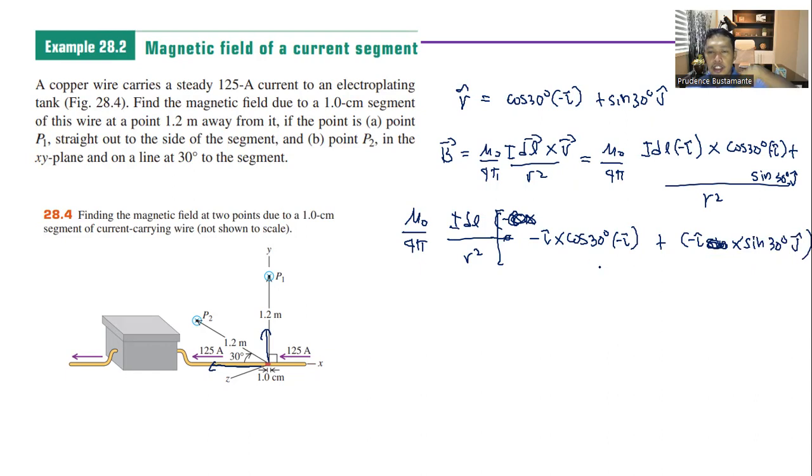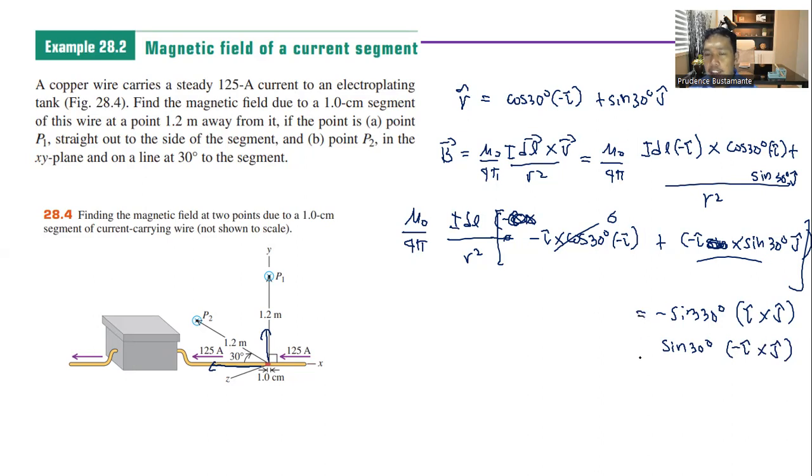So this one becomes 0, and this one here is just negative sine 30 degrees i cross j. Or you can also put this as sine 30 degrees negative i cross j.